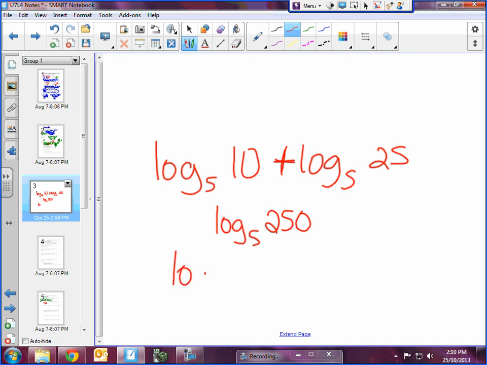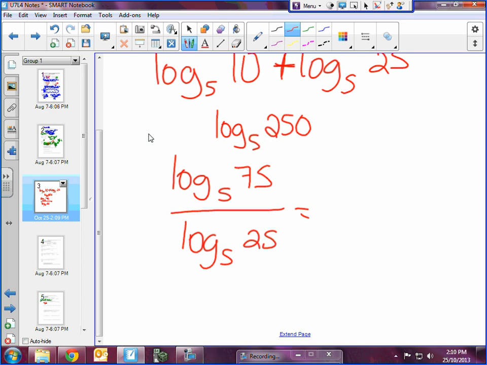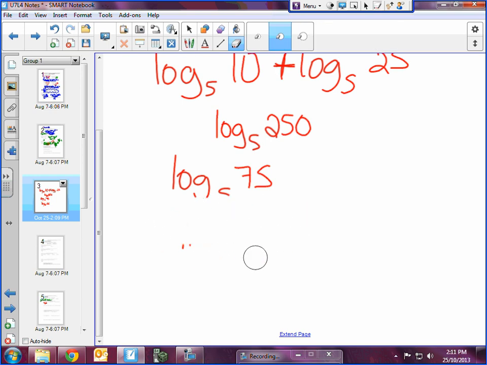If I have log of 75 base 5 minus log of 25 base 5, what do I do here? Oh no, I'm supposed to subtract, sorry. We're subtracting, not dividing.